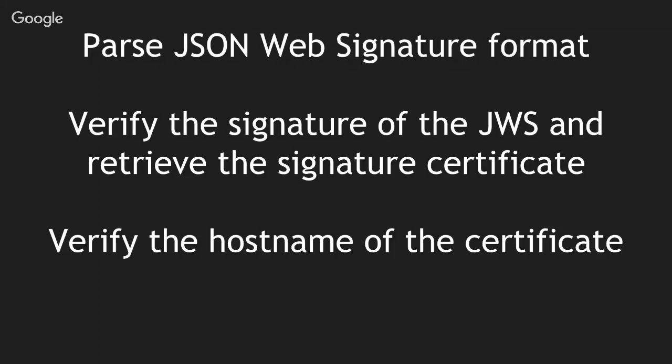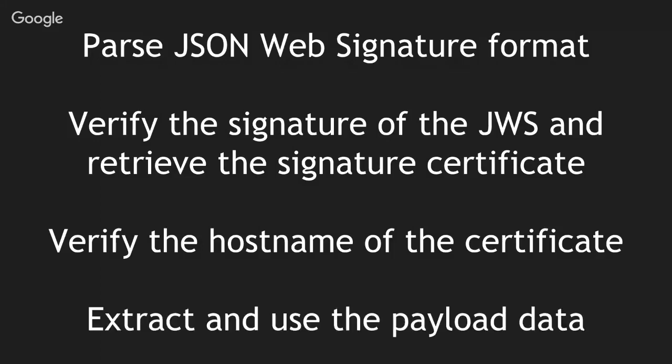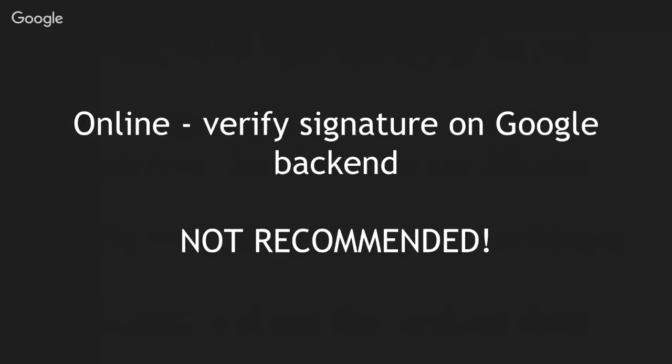It's explained in the sample project. And then when we verify the hostname of the certificate, we can extract and use the payload data I showed you before. And they also provided, I don't know why, something called online verification.